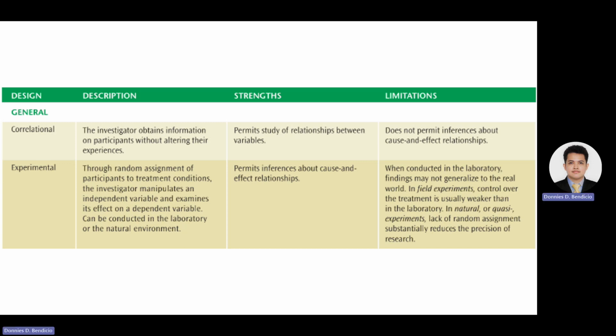So overall, the correlational method examines associations between variables, while experimental methods are designed to determine causal relationships by manipulating one or more variables.